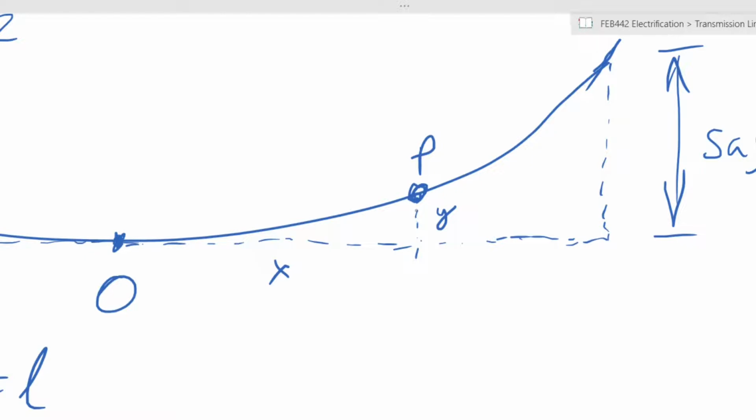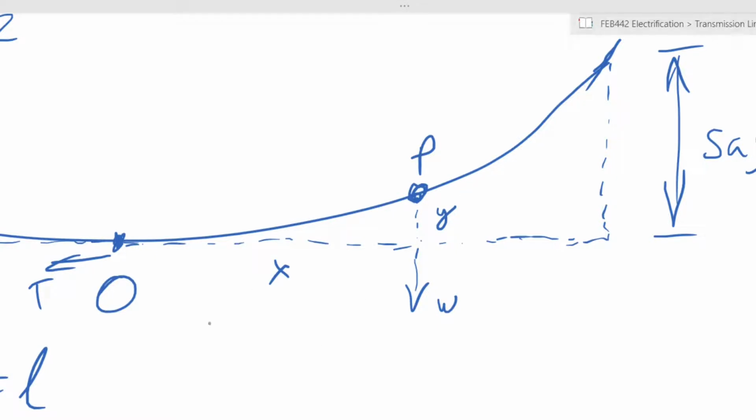You have 2 main forces. You have gravity, or the weight, which acts downwards, and you have tension, which at point O acts in that direction. Now, the tension will be the same at every point along the span, along the cable itself.